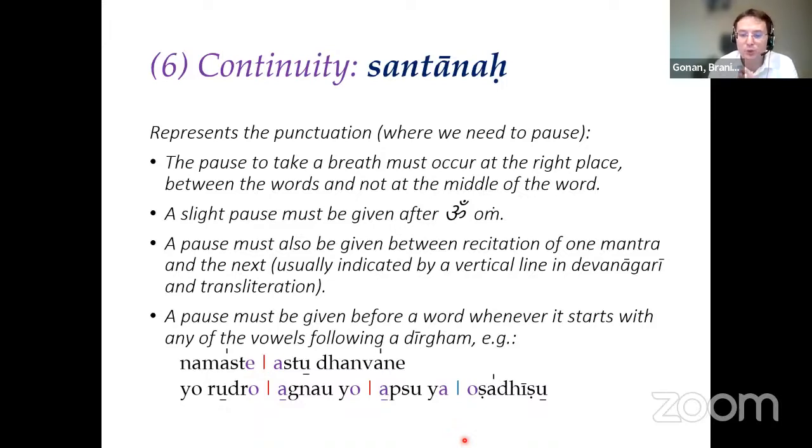So this is just to separate ya and o. Apsu ya o. So it should be a break, not a long one, but we should not actually chant yao, right? We should not actually connect those two vowels. So you will see also, for all of you who are new to our group, you will see those markings as well.